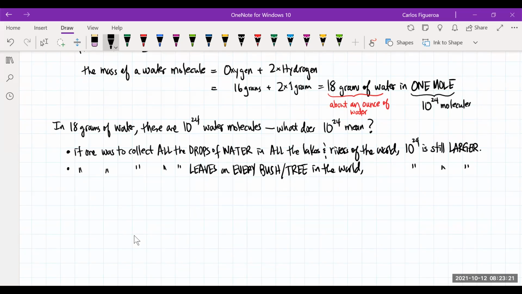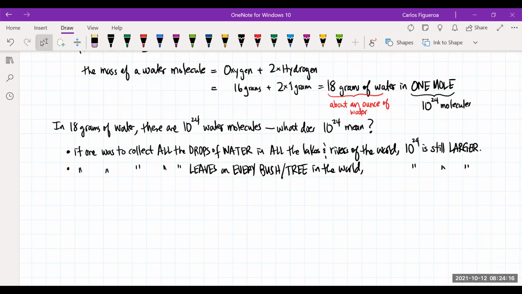Think about how amazingly strong that image is. Collecting every leaf from every bush and tree, and still there are more water molecules in 18 grams of water than there are leaves in every bush and tree in the world. That's what 10 to the 24 means. It's a number that's incomprehensible.